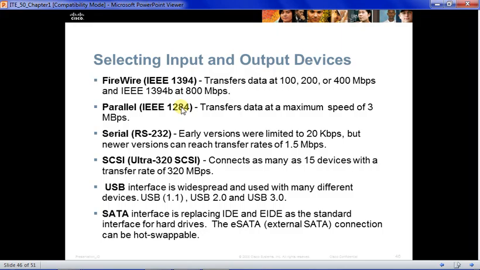Remember, the small b is bits. And then we have IEEE 1394b, which transfers at 800 megabits per second, so much faster. One of the things to remember about FireWire, when they say it's 100 or 200 and so forth, that's what you're actually getting. Sometimes with the other rates there can be fluctuation.